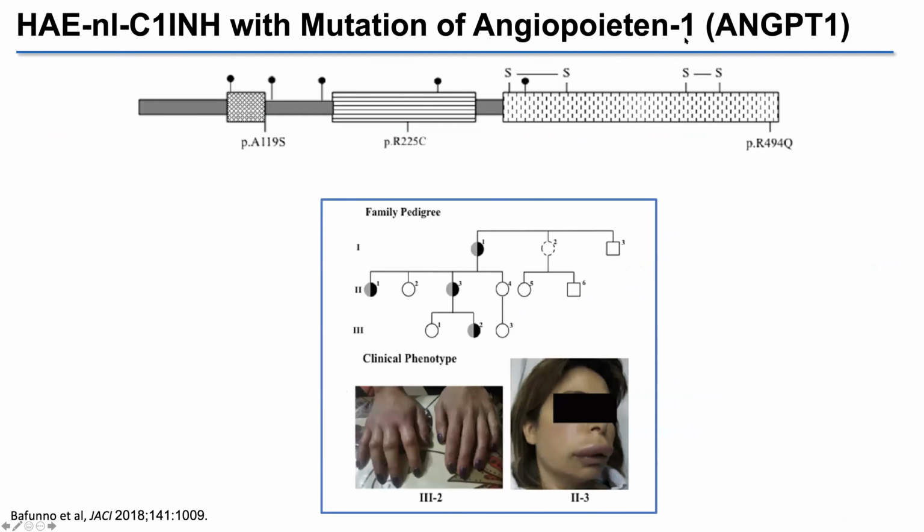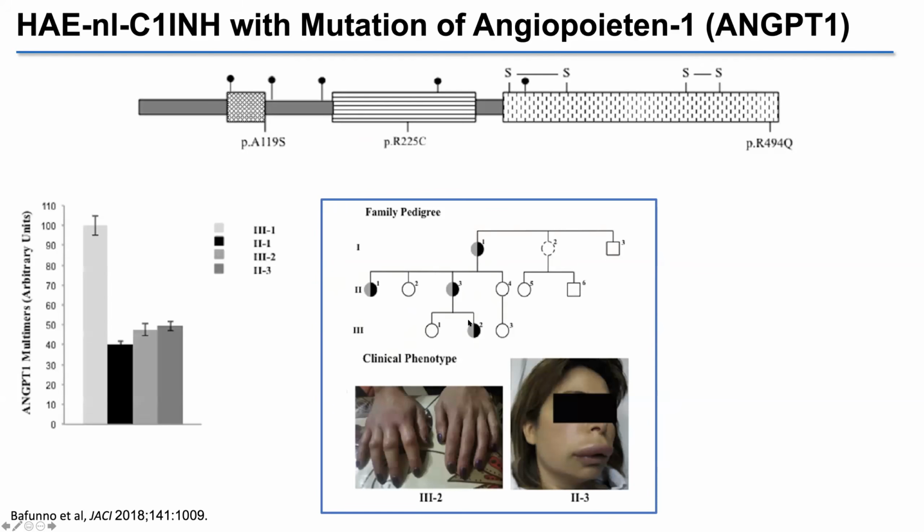The angiopoietin mutation has only been described so far in 2 families in the world, one in Brazil and the original one in Italy. It does follow an autosomal dominant pattern. The interesting thing about this mutation is that it prevents angiopoietin-1 from forming multimers, so it's more monomeric.